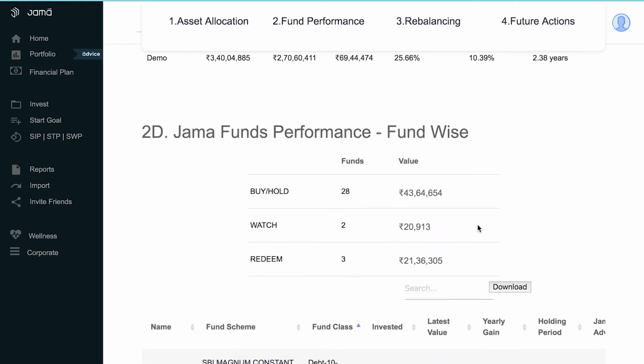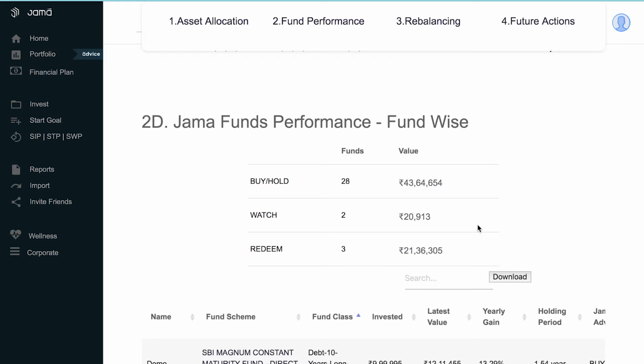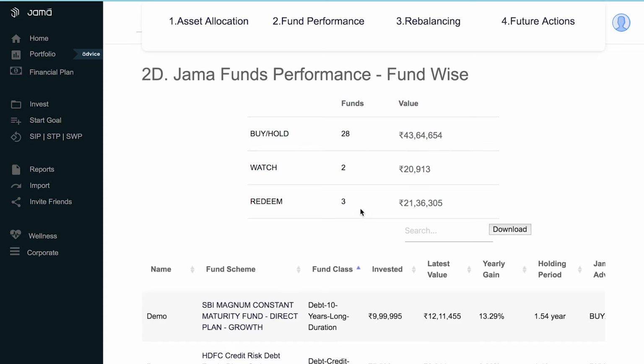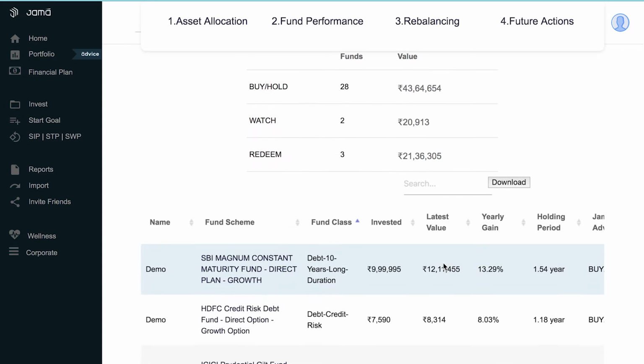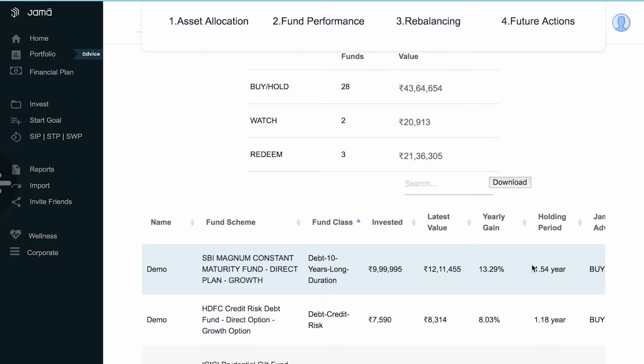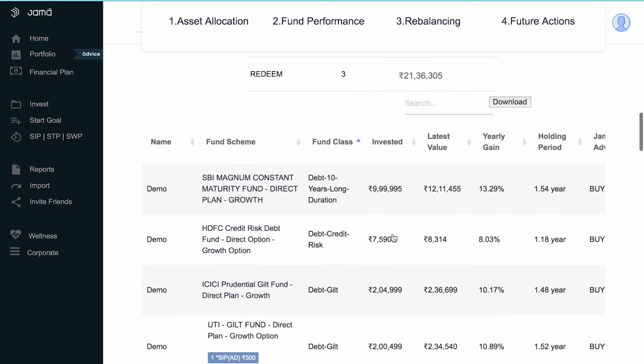And we also get into each fund level performance. So there's a summary here which says that you need to hold 28 funds, watch a couple of them, and get out of 3 of the funds. This is basically done based on an algorithm that runs and ranks the funds pretty much every day.